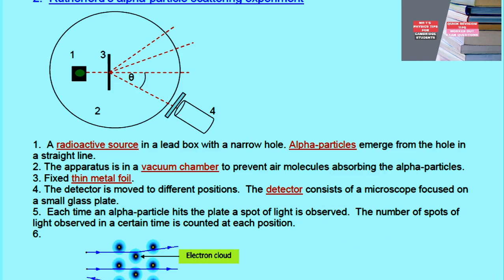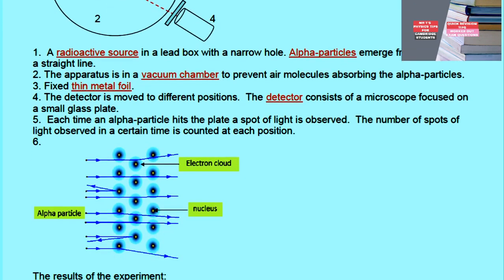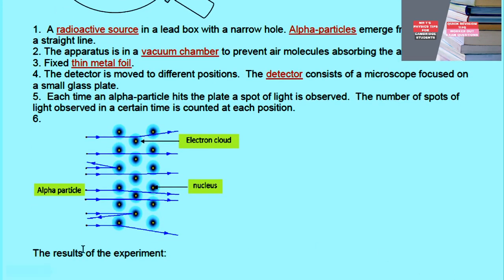Right, let's look at the results of this experiment. Now, the results of the experiment are as shown here. The one shown in light blue is the electron cloud, and then the one that's shown in golden color is the nucleus of the gold element. The path shown in blue arrows here is the path of the alpha particles. As you can see, this alpha particle path shows no deflection at all.